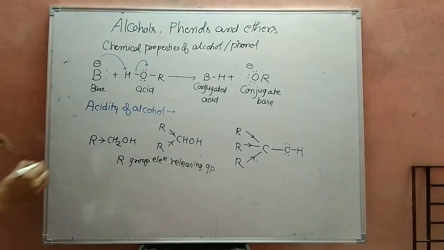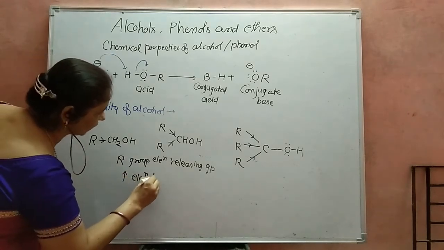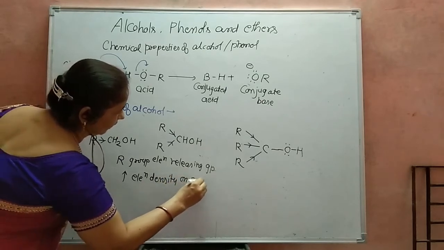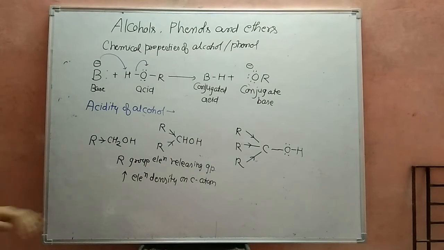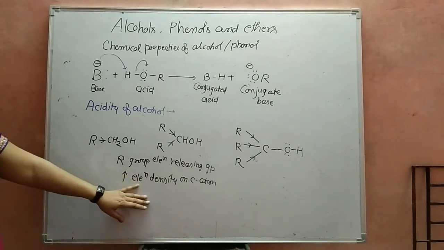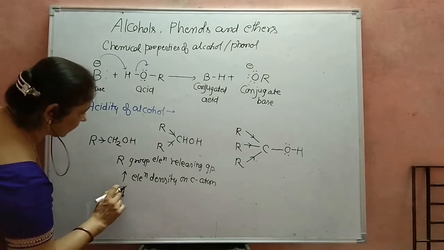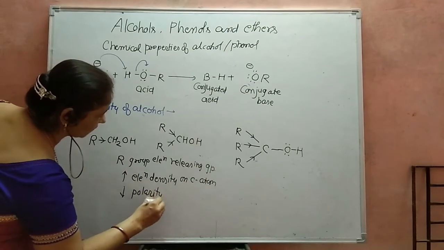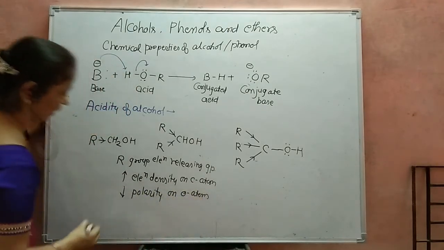R ग्रुप क्या कर रहा है, इंक्रीज इलेक्ट्रॉन डेंसिटी ऑन कार्बन एटम. और if it increases electron density on carbon atom, it means it decreases polarity. ये क्या डिक्रीज कर रहा है, पोलैरिटी, ऑक्सीजन एटम की पोलैरिटी को डिक्रीज कर रहा है.